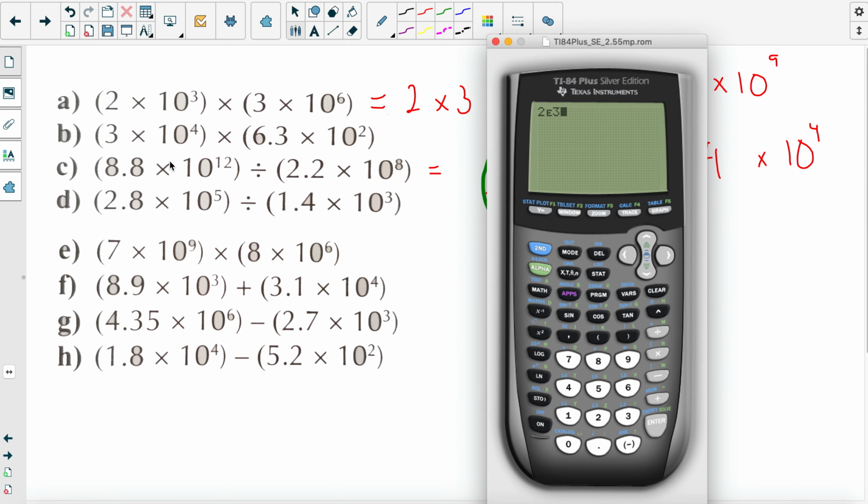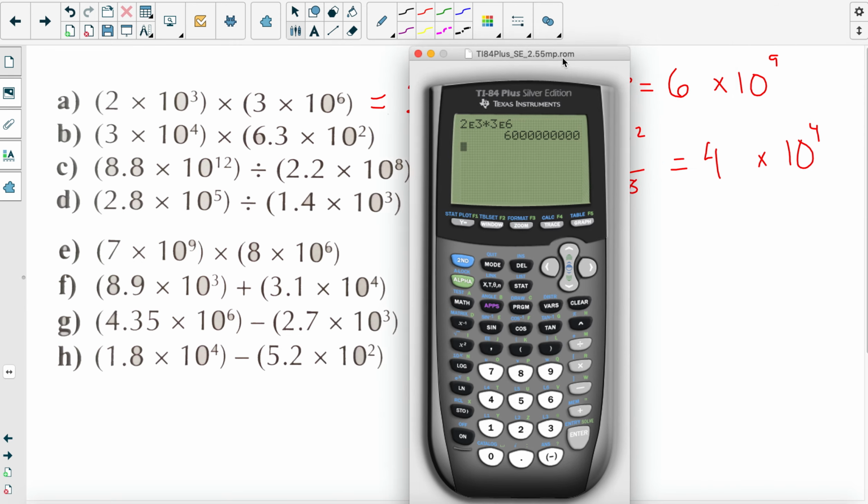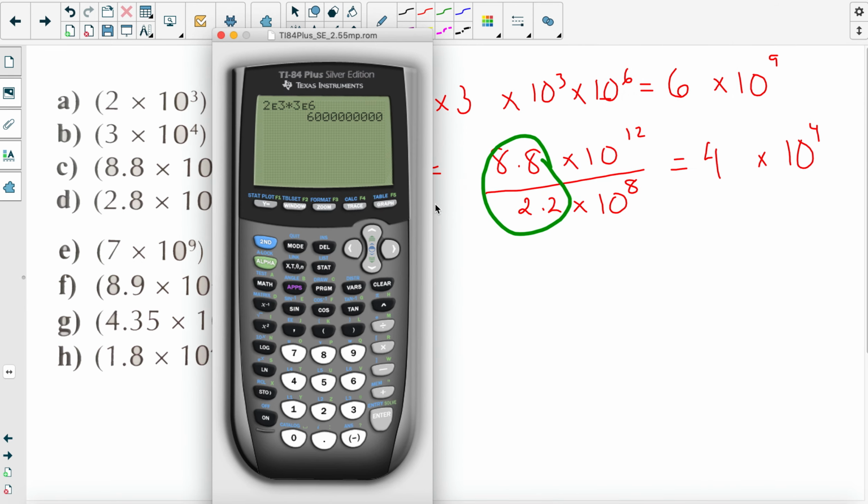So this basically says the E represents the times 10, and then this 3 represents the power. So 2E3, and then multiplied by 3E6, and you end up with a really big number.